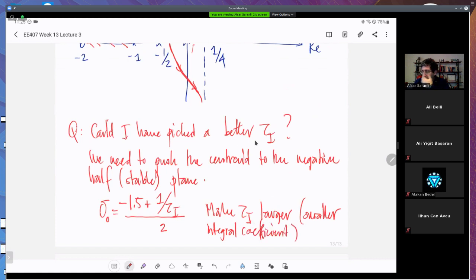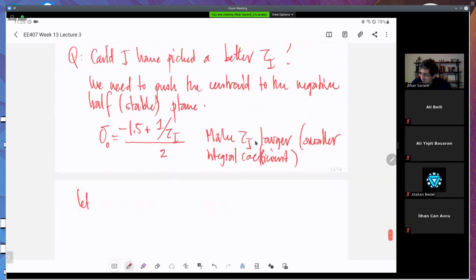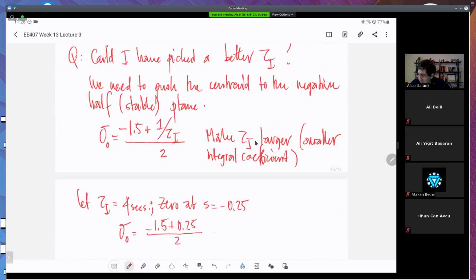Okay, for example, let tau I be equal to 4 seconds. Okay, so we have a zero at s is equal to minus 0.25. In this case, our centroid is minus 1.5 plus 0.25 over 2, and centroid is now at minus 0.625.